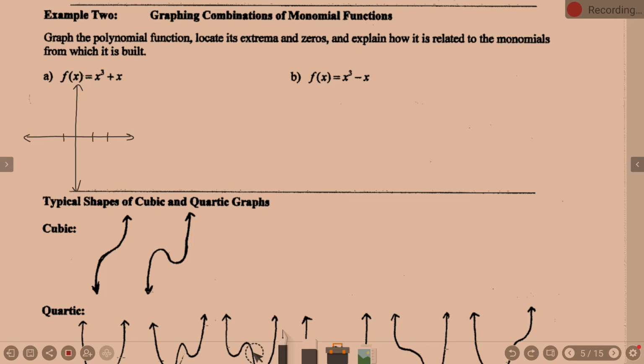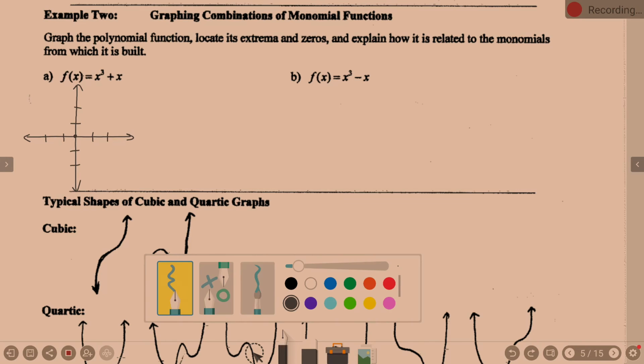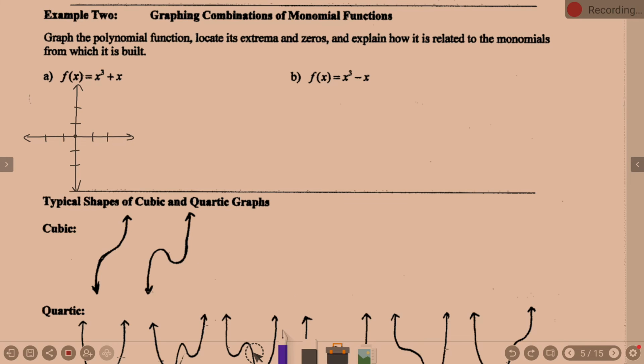If we put some values here, this is kind of more by hand. You can tell by looking at the graph it goes through 0, 0. What does it go through when you put in 1? 1, 2, because 1 cubed is 1 plus 1. So we go through 0, 0. We go through 1, 2.